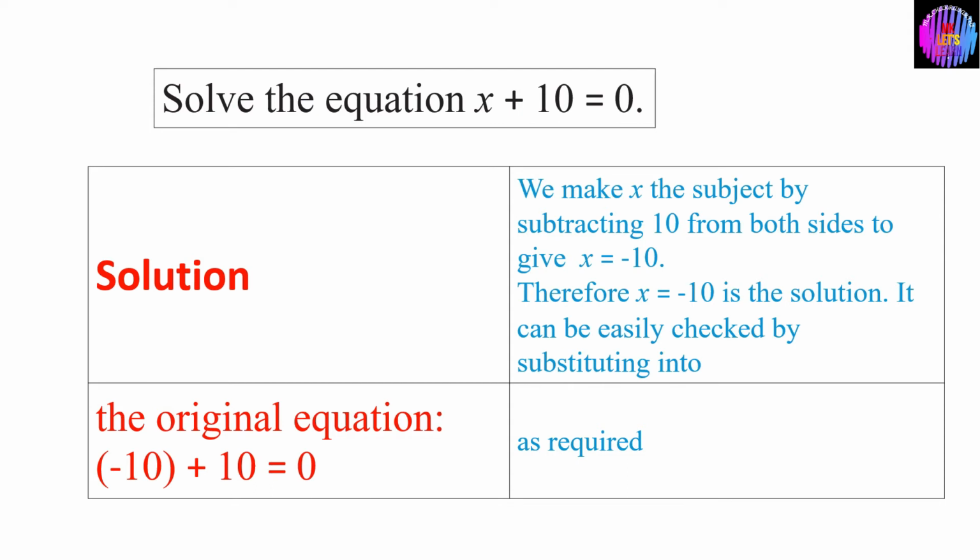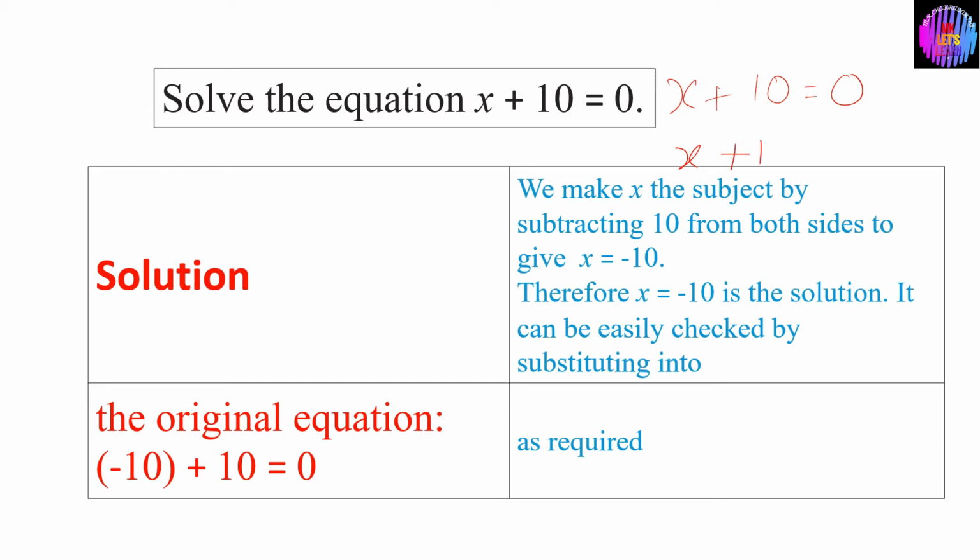Now coming to a problem: solve the equation x plus 10 equal to 0. The solution is, we make x the subject by subtracting 10 from both sides. That gives x is equal to minus 10.